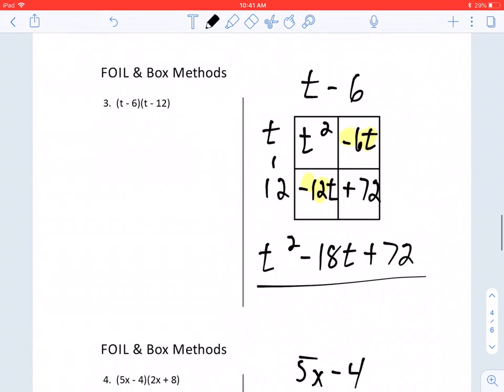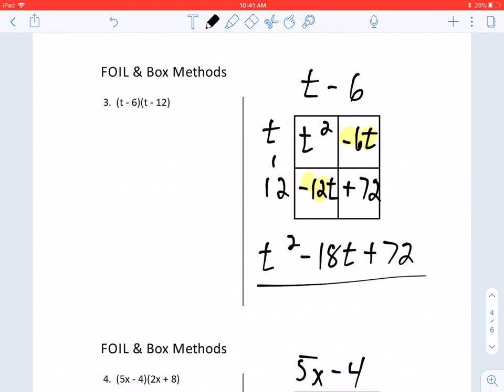Moving on to number 3. Once again, FOIL method, first terms, t times t, that's t squared. And then outer terms, t times negative 12, which is negative 12t. Inner terms, negative 6 times t is negative 6t.